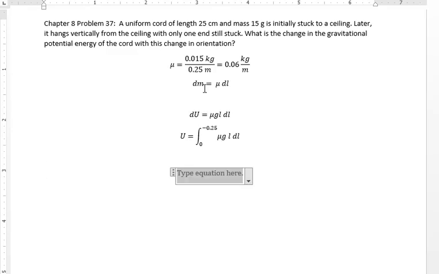Okay, integral of L dl is just 1/2 L squared. So we've got U equals 1/2 mu g L squared evaluated from 0 to minus 0.25 equals 1/2 mu g times 0.25 squared.